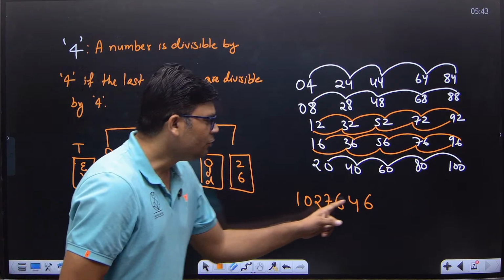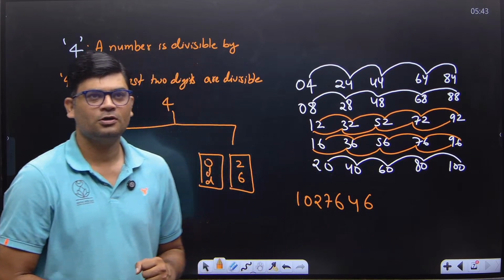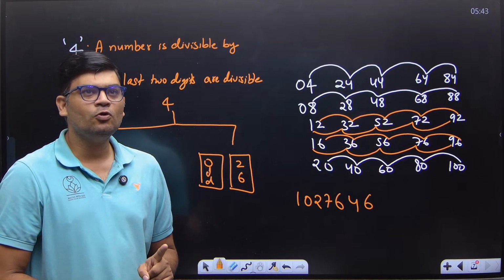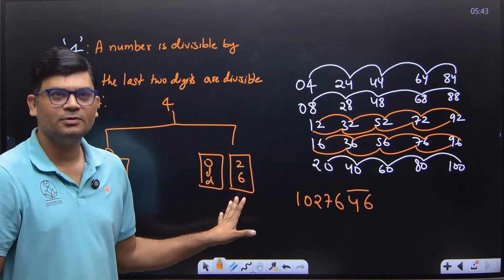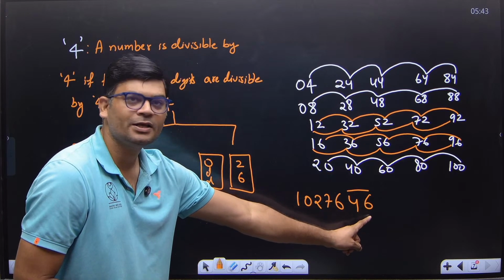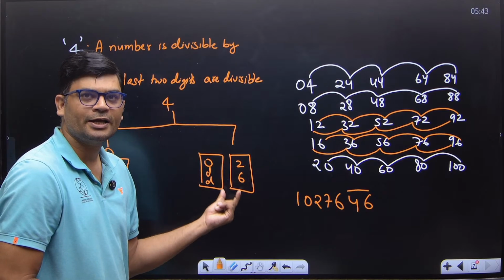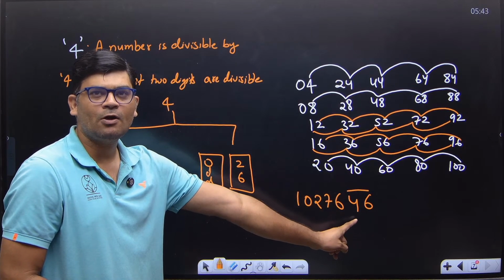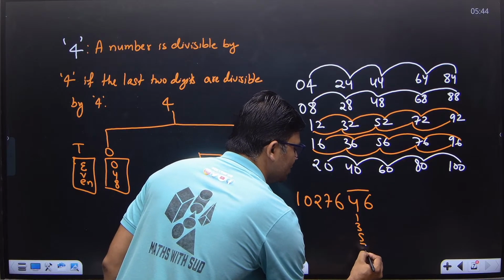So I have given you a number and asked whether it is divisible by 4 or not. The first thing you have to look at is these two categories, not all the numbers. If the last digit is 6, it belongs to this category, and then the previous digit allowed is only odd. So it can be only 1, 3, 5, 7 or 9.